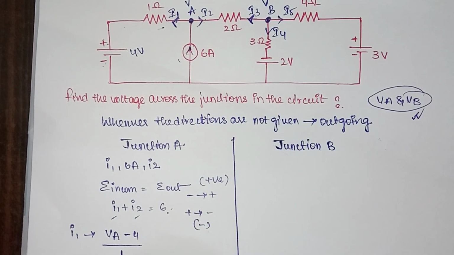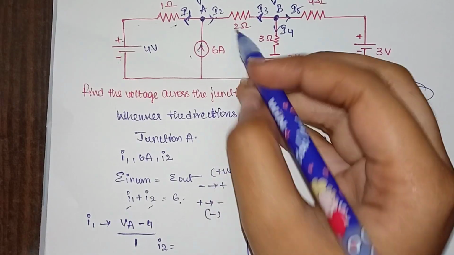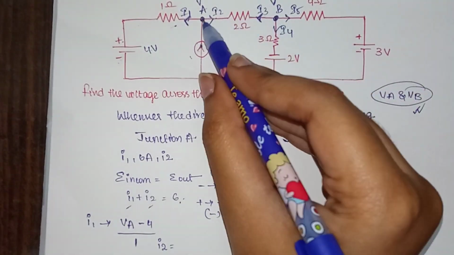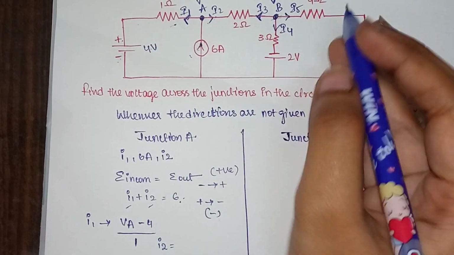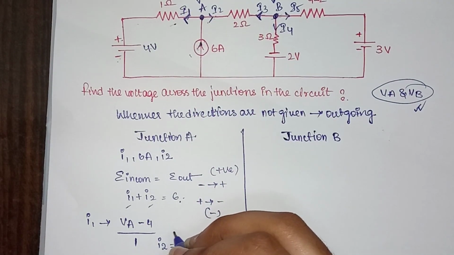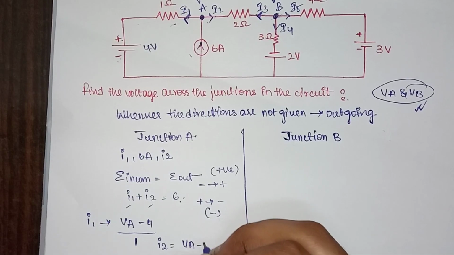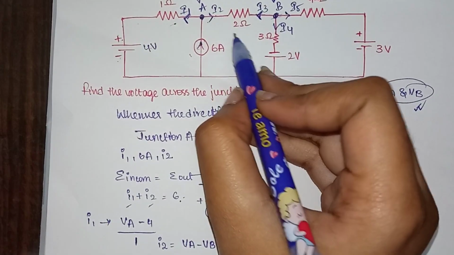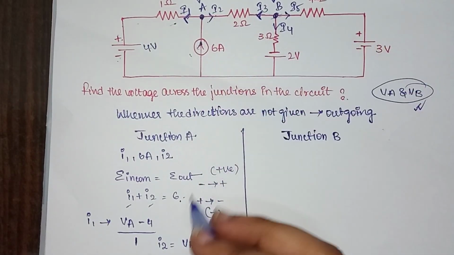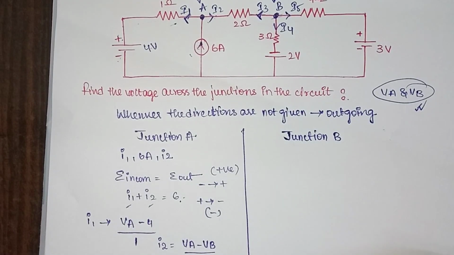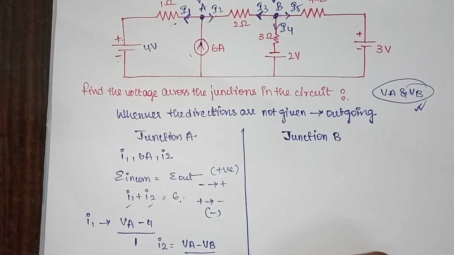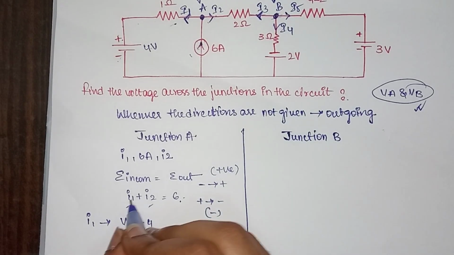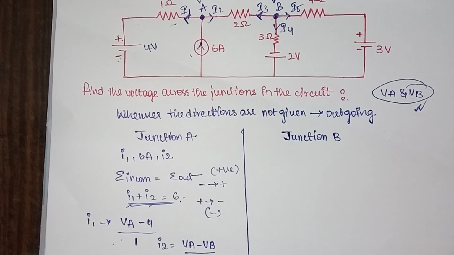So the I1 value is (VA minus 4) by 1, and this is your I2. It is moving from VA to VB, which means VA is at higher potential and VB is at lower potential. So (VA minus VB), and the resistance here is 2, so divided by 2. This will be your I2 value. Now we'll substitute I1 and I2 in this equation so that you'll get the final result.